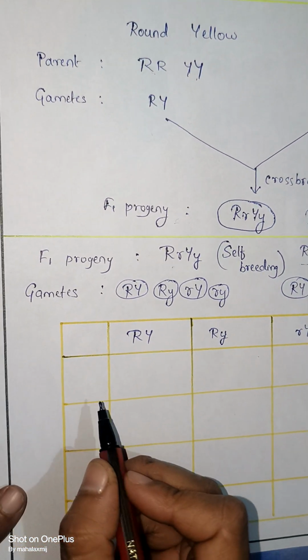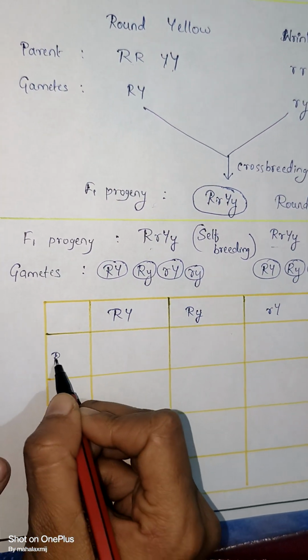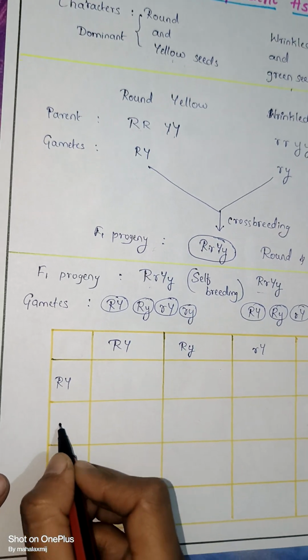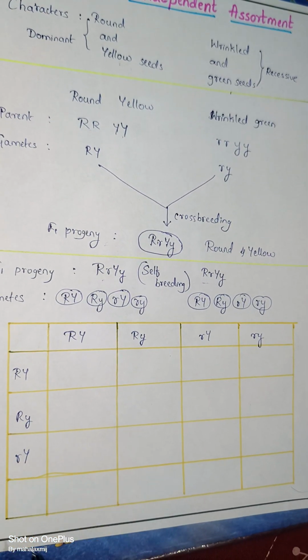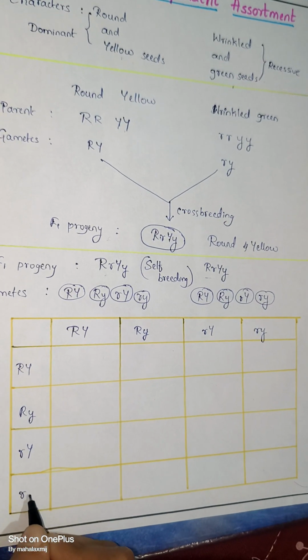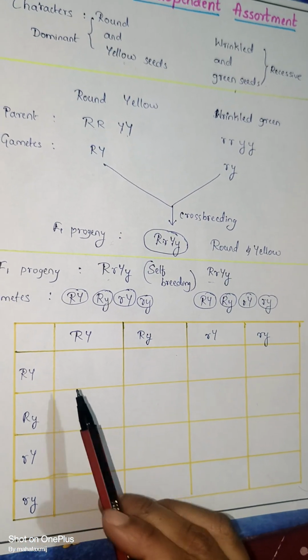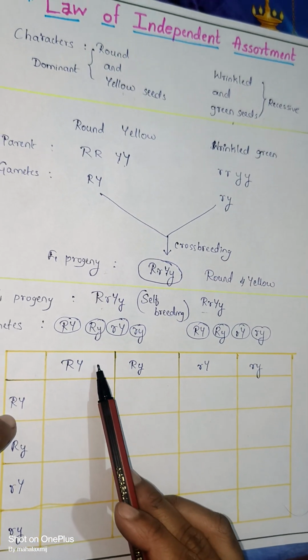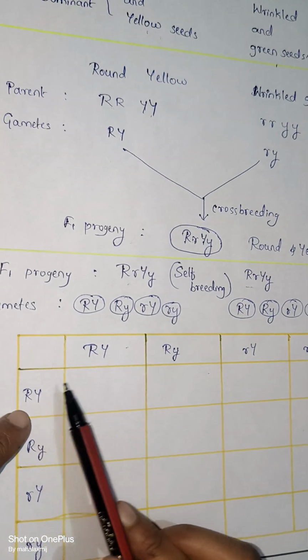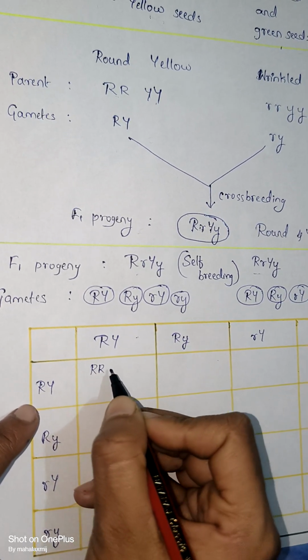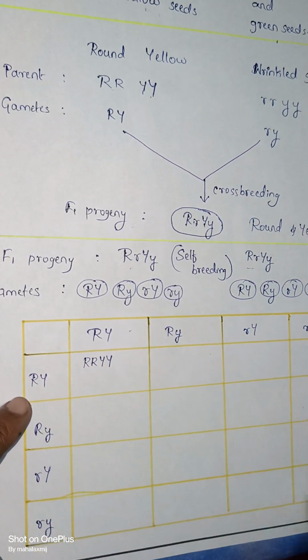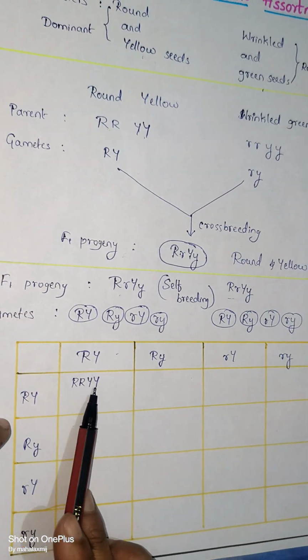And in the vertical column also: capital R, capital Y, capital R, small y, small r, capital Y, small r, small y. Now when this is bred with this, capital R, capital Y, capital R, capital Y, it will give us capital R, capital R, capital Y, capital Y. Now we have to write RR and YY together.